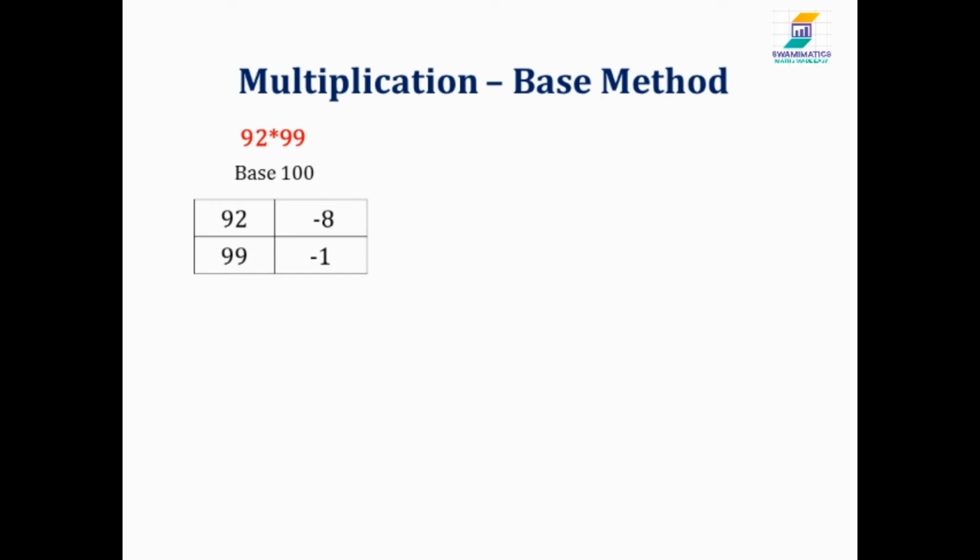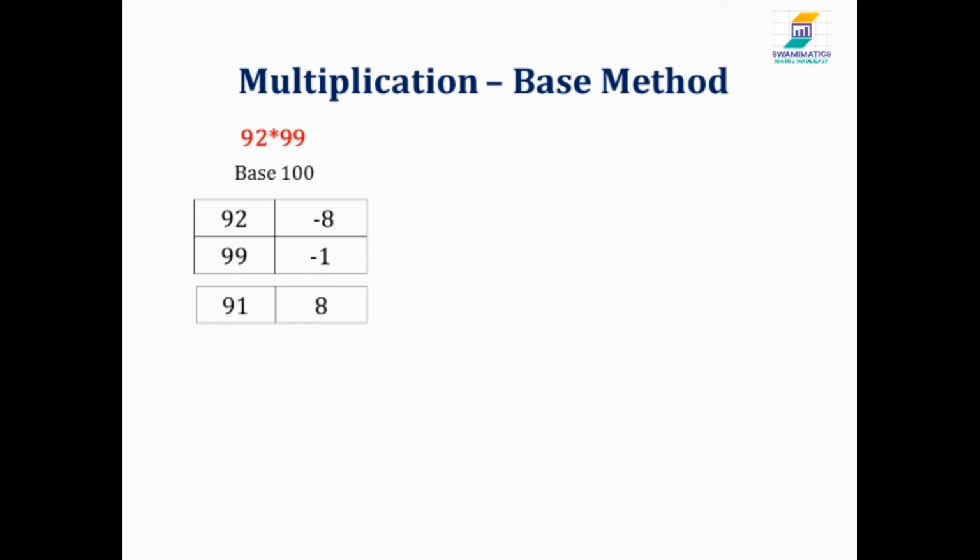As we explained in the slide, in this case, take the cross operation of the diagonals. 92 minus 1 is 91. 99 minus 8 is also 91. And minus 8 into minus 1 will give you plus 8.